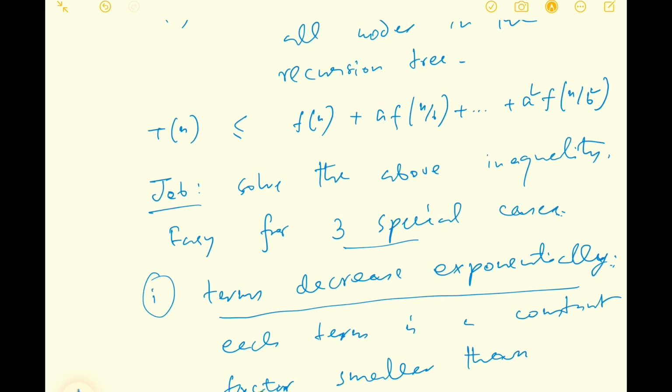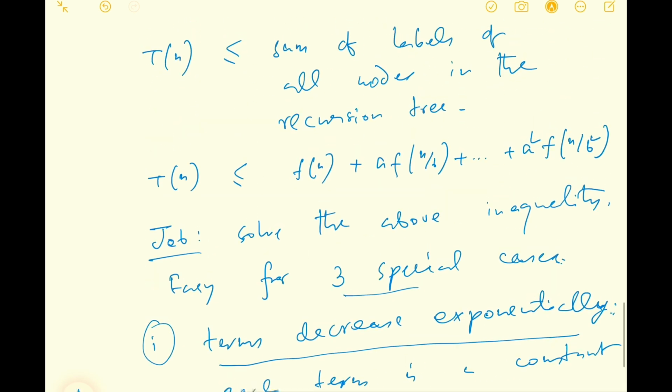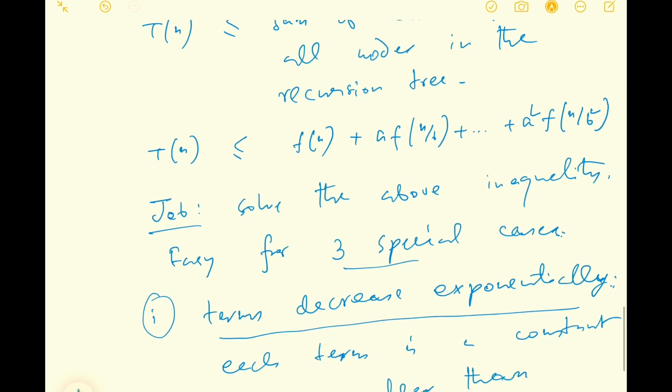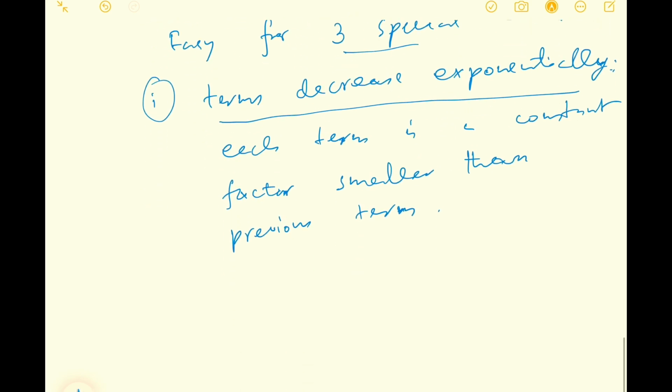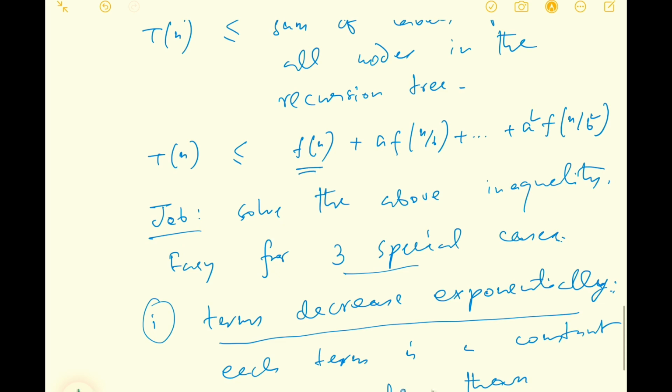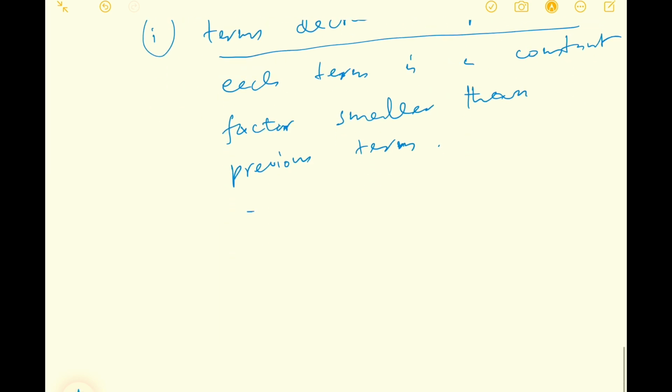Now if each term is a constant factor smaller than the previous term, this basically looks like a decreasing GP series, where GP is geometric progression. In a GP series, the sum is always dominated by the highest term. Because if this is a decreasing GP series, then the highest term will be the first term, f of n, and then we can write that Tn is big O of f of n in this case.